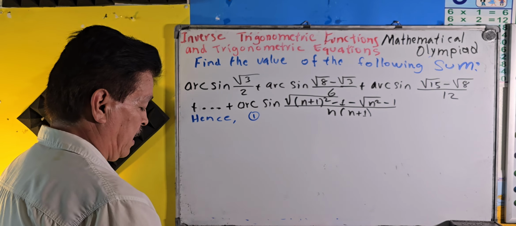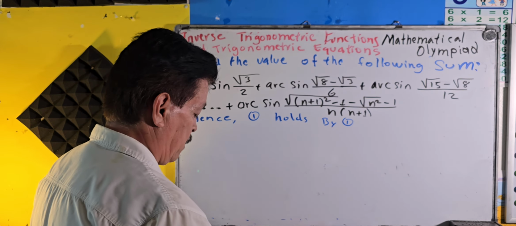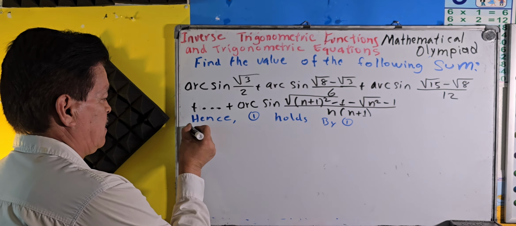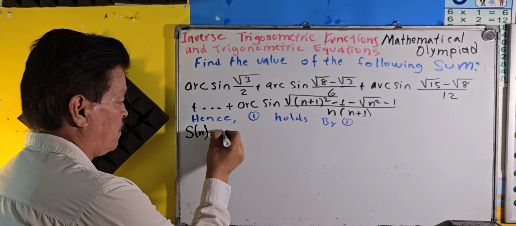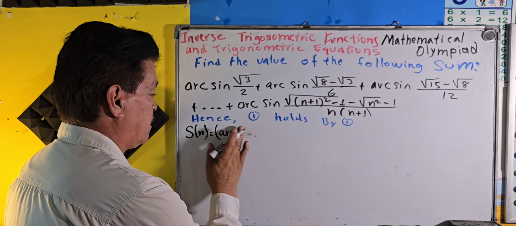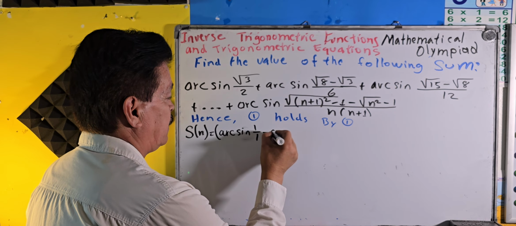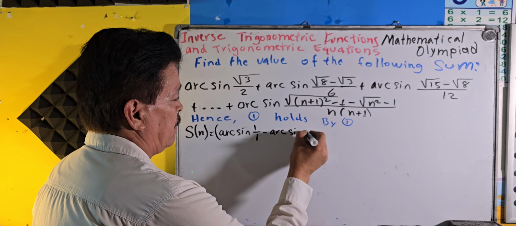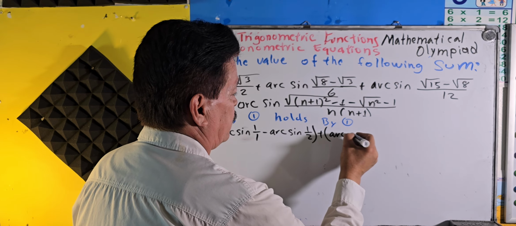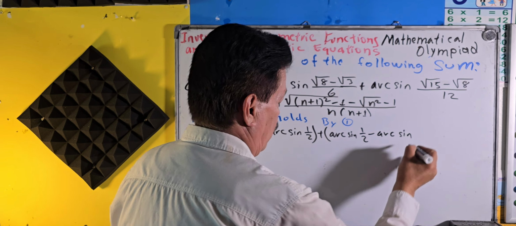So number one, what we did before holds. By number one, we have to write n equals arc sine, I mean not arc sin, sine of 1 divided by 1 minus arc sine 1 divided by 2, plus arc sine of 1/2 minus arc sine of 1/3.